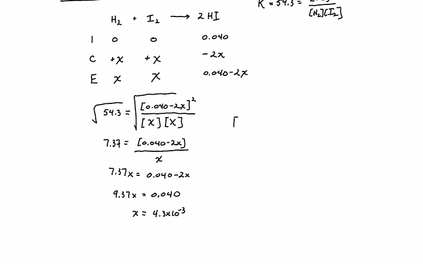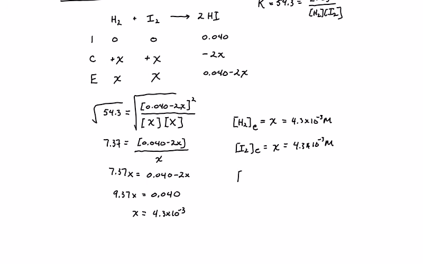We know that our equilibrium concentration of H2 is going to be equal to x, which is 4.3 times 10 to the negative third molar. We know that iodine, its equilibrium concentration is going to be equal to x, which again is 4.3 times 10 to the negative third molar.